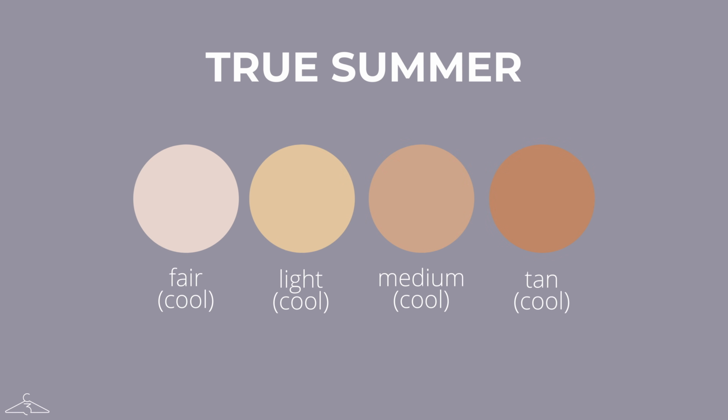Now, if you belong to the true summer category, on the other hand, you are going to have less of a range of skin tones. So essentially, you can be fair, light, medium, or tan, always with a cool undertone, but the skin tone is never going to get into the darker territory because it's just not characteristic of the summer season.